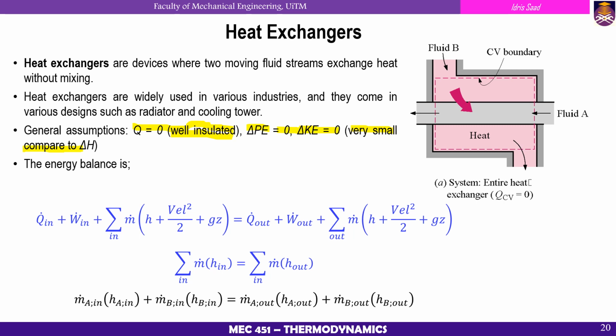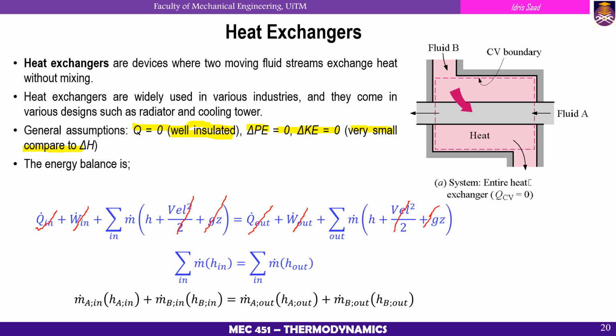Also, in a heat exchanger, there is no work involved since the process occurs naturally. Thus, for the energy balance equation, the system is well insulated, so Q in cancels, there is no work involved, and delta KE and delta PE are negligible.